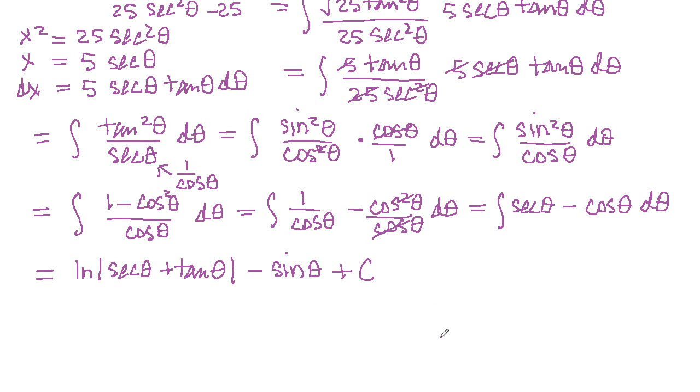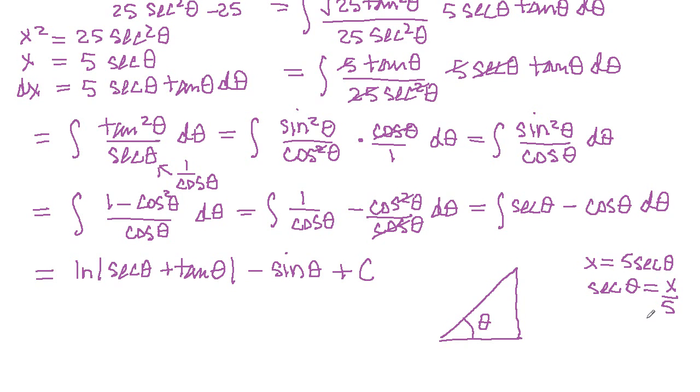And so we got our integrating done. And now we just need to reverse the substitution, go back to x's. So we draw a right triangle. Here's theta. Our substitution is right here. x is 5 secant theta. So that means divide both sides by 5. Secant theta is x over 5. And secant is 1 over cosine.